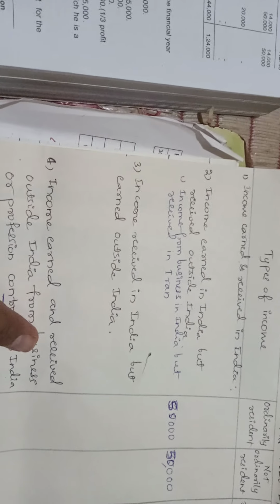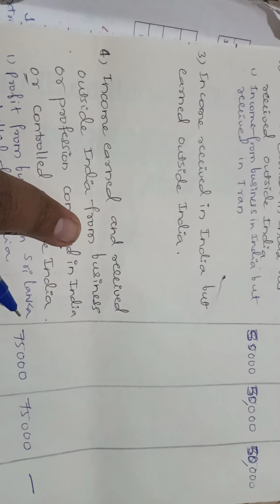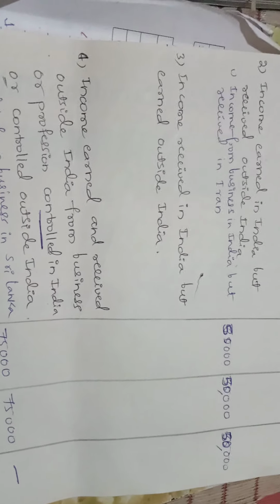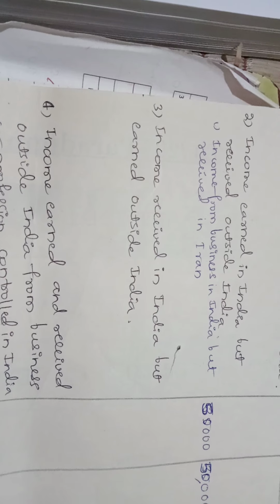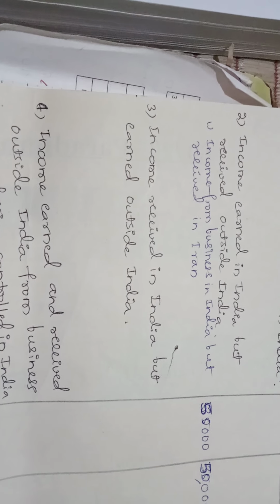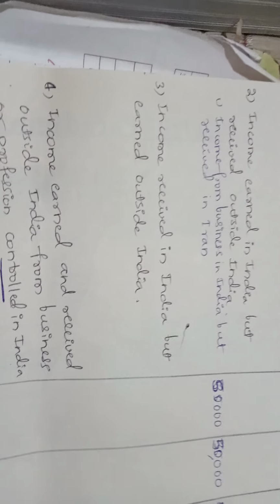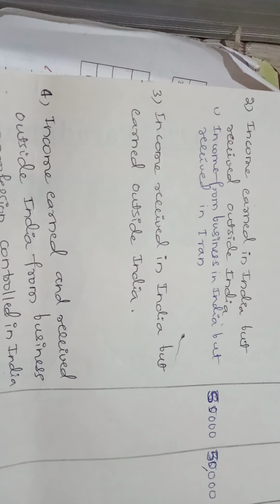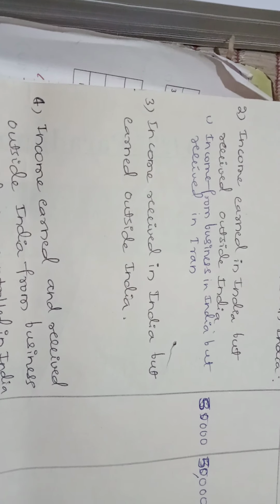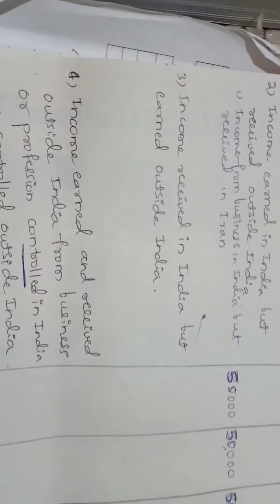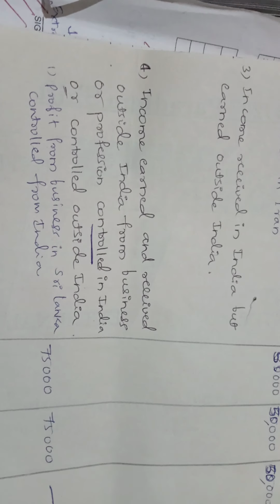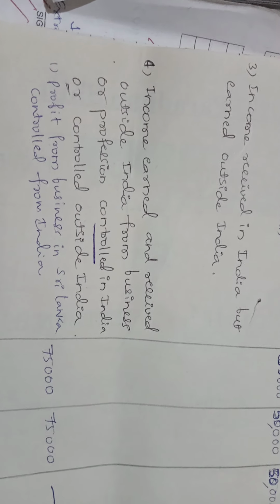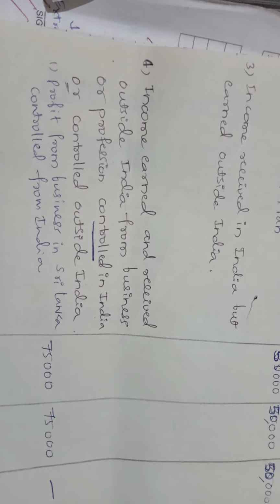So it is income earned and received outside India from business or profession controlled in India. Here the question is whether it should be treated as controlled or not. That is the basic question. The information is silent in this respect, but when no information is given, it is treated as controlled outside India only.